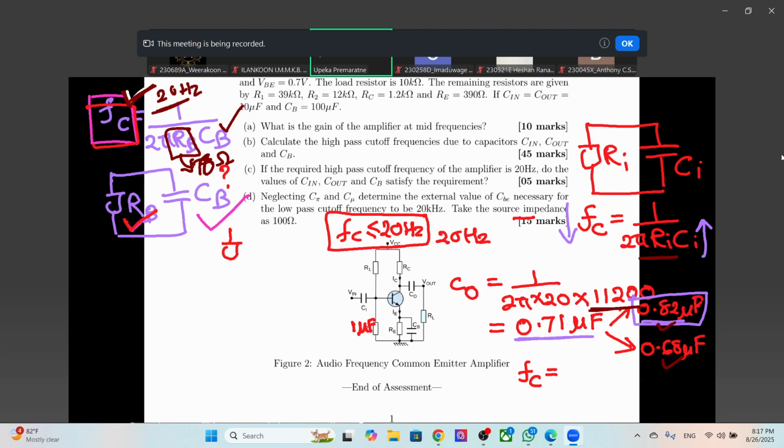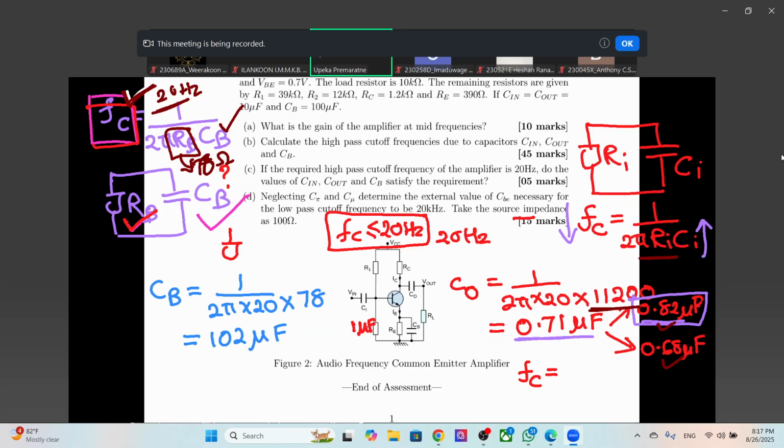So now CB will equal 1 over 2 pi times 20, where the cutoff frequency is 20 and the equivalent resistance is 78 ohms. This will give us a capacitance of 102 microfarads.